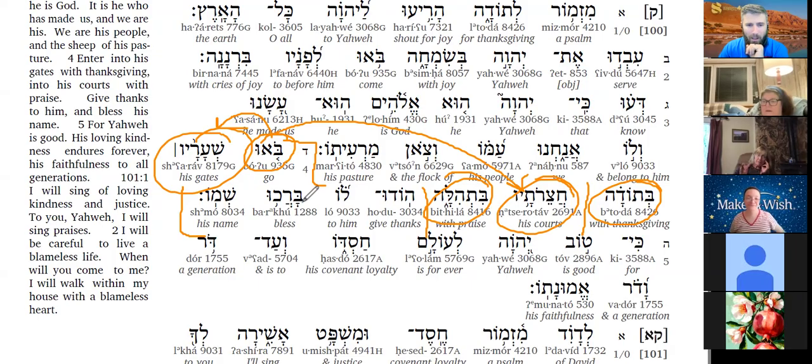Hodu lo baruchu shmo. So are these parallel also? Probably. Yeah. Hodu lo, give thanks to him. Baruchu shmo. So one of the ways we can define what it means to bless God in the Bible is by using parallelism.